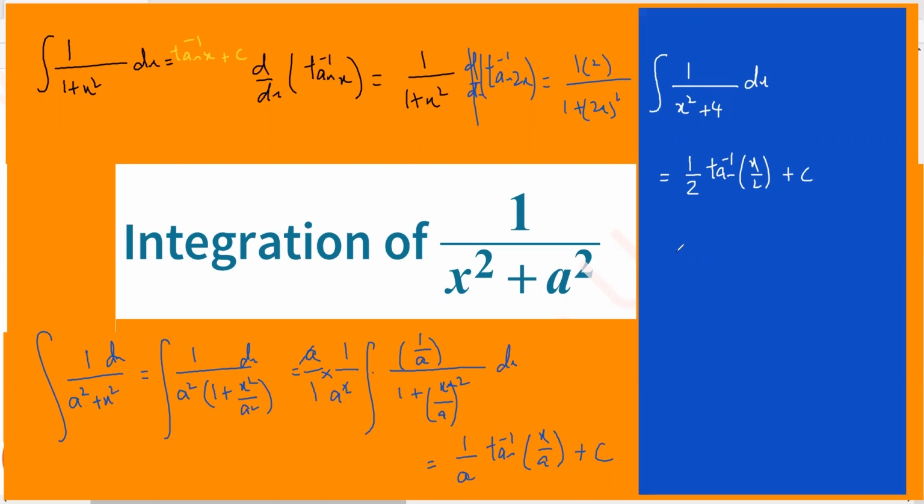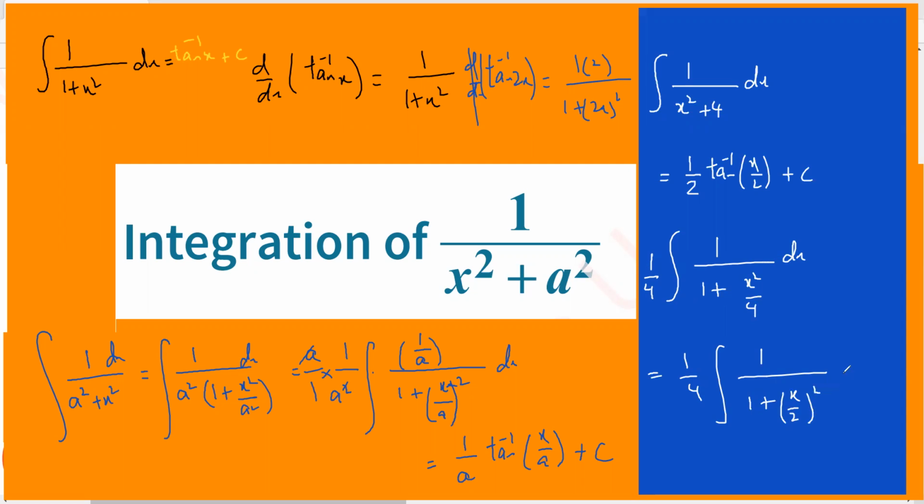Look at this, you will be writing it as, first of all, you will take 4 common from here. This 4 will come outside and this will become 1 plus x square over 4. I've taken 4 common, and then this becomes 1 over 4, and this is 1 over 1 plus x over 2 whole square.